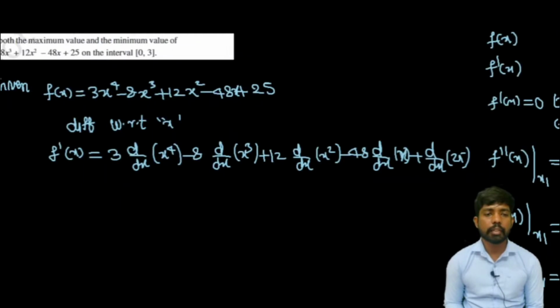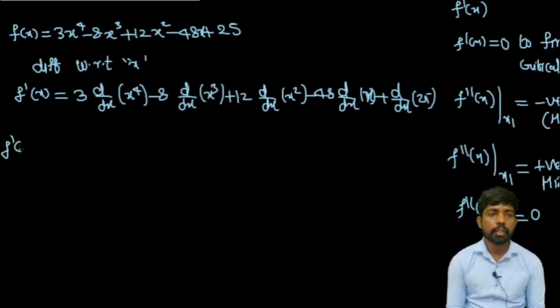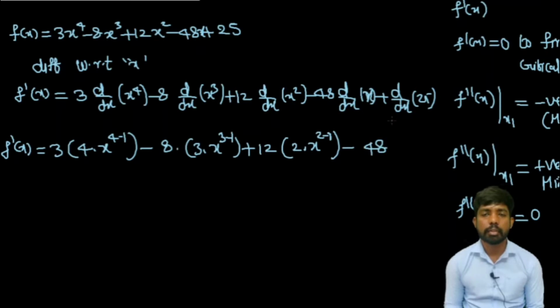Here f dash of x is equals to 3 into differentiation of x to the power of 4, which is 4 into x to the power of 4 minus 1, minus 8 into differentiation of x cube, which is 3x to the power of 3 minus 1, plus 12 into differentiation of x square, which is 2 into x to the power of 2 minus 1, minus differentiation of x times 48. The differentiation of the constant is 0, therefore I am not writing that.